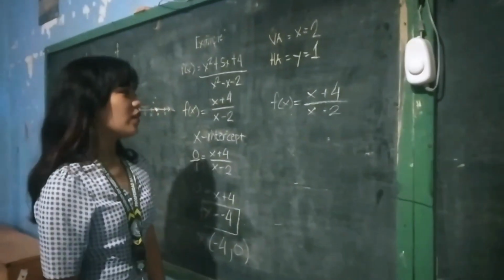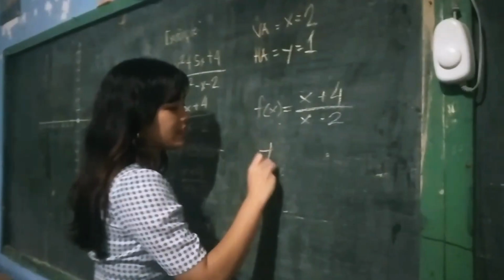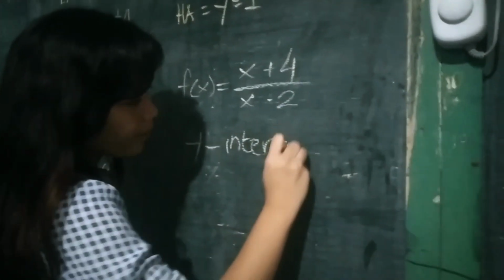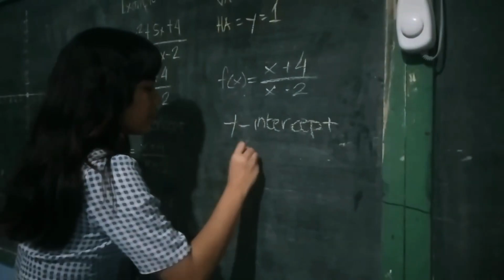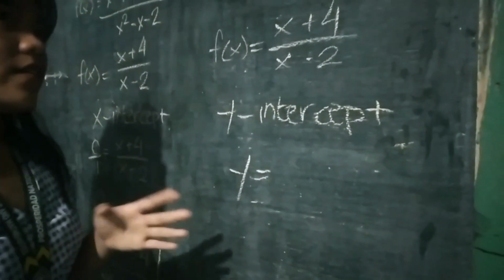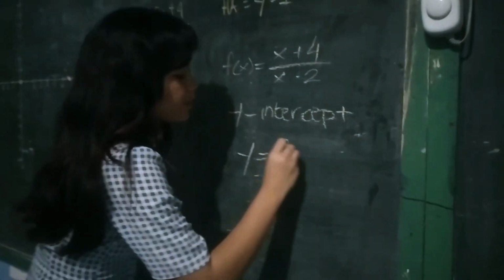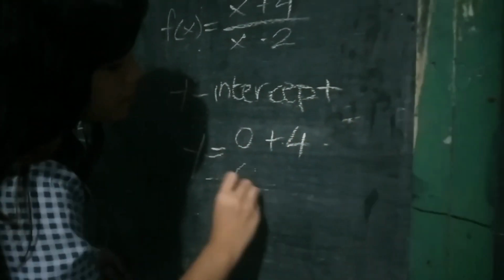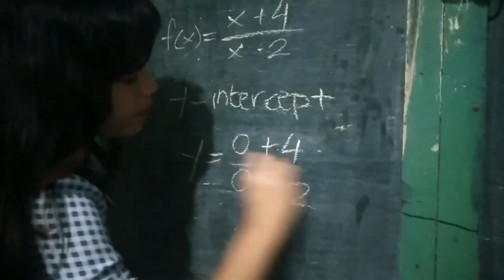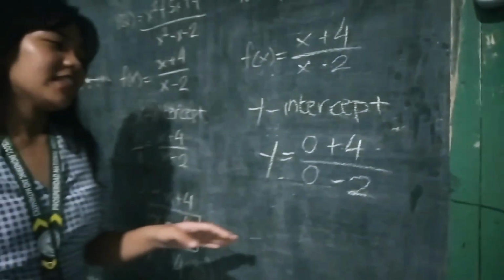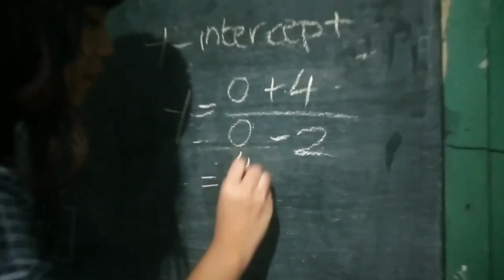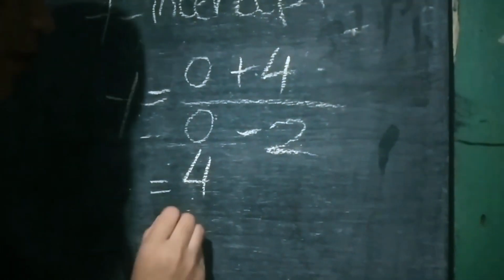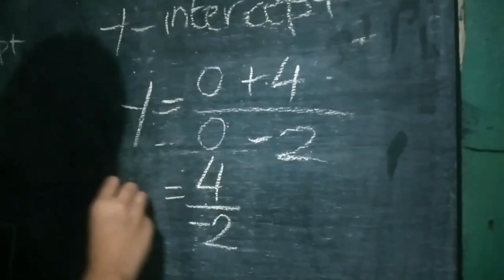Lastly, we're going to find the y-intercept. What we're going to do is let x be 0. We substitute the variable x with 0. Next we simplify. 0 plus 4 is equal to 4. 0 plus negative 2 is equal to negative 2.